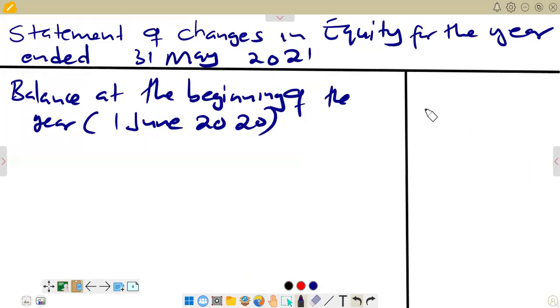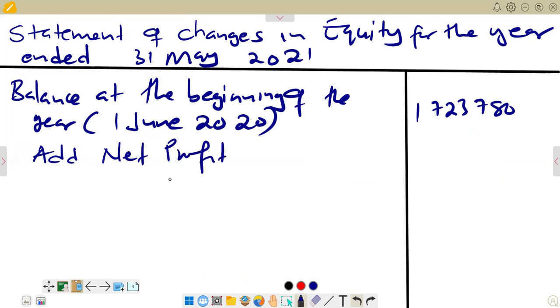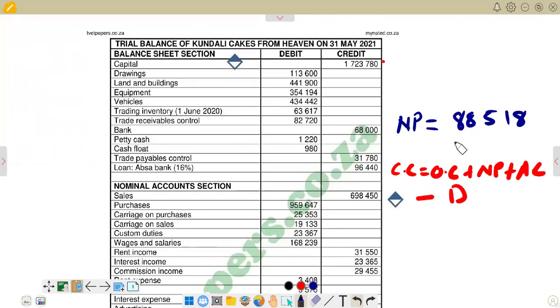So we can just go there and put that as our opening capital. So we are saying 1,723,780 of opening capital. Then obviously we are going to add our net profit, the one that we calculated in the last video, which is 88,518.